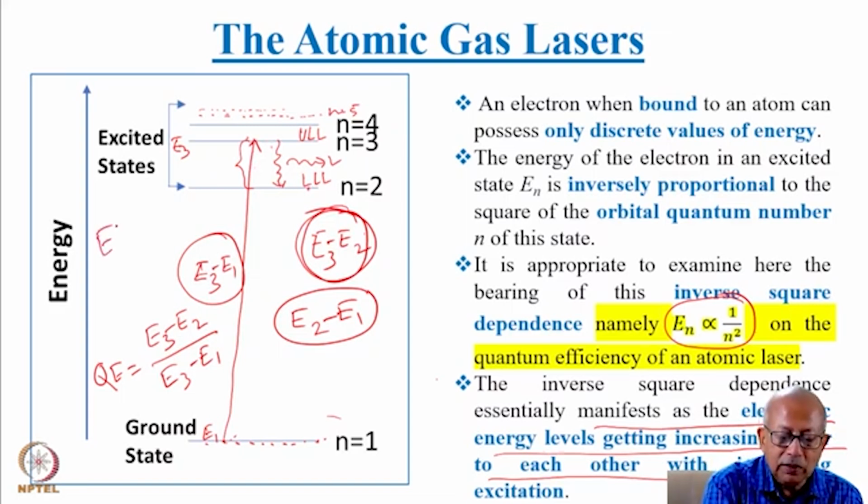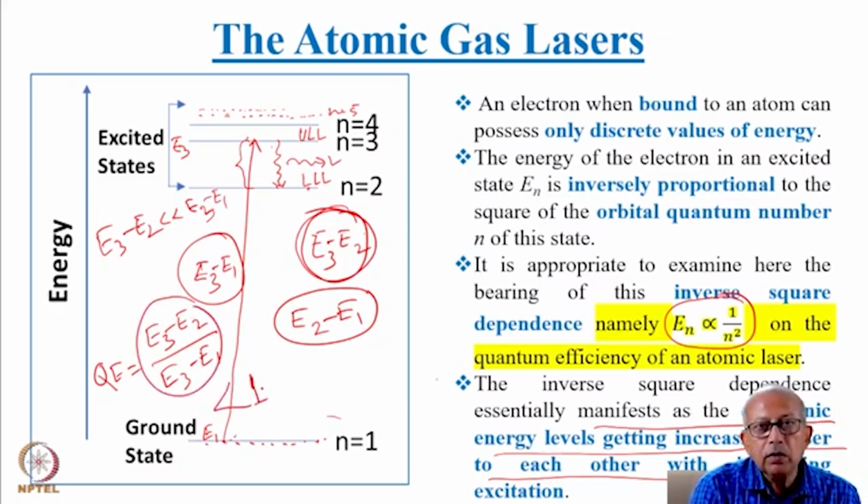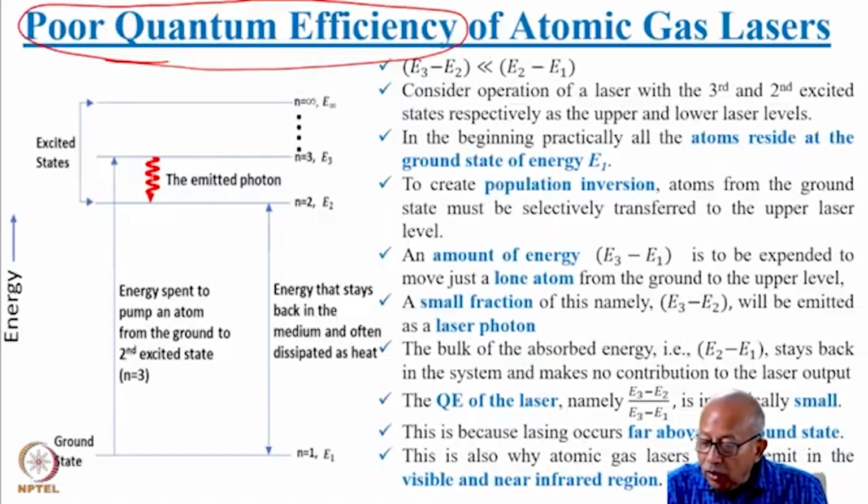So E3 minus E2 is much less than E2 minus E1 or E3 minus E1, and hence this ratio will be much less than 1. So that is why the quantum efficiency of the laser is intrinsically small.